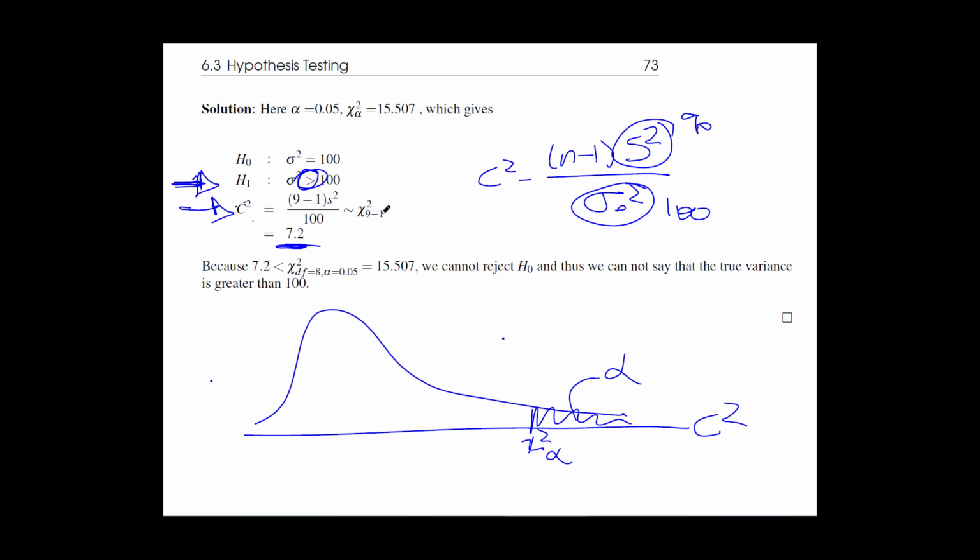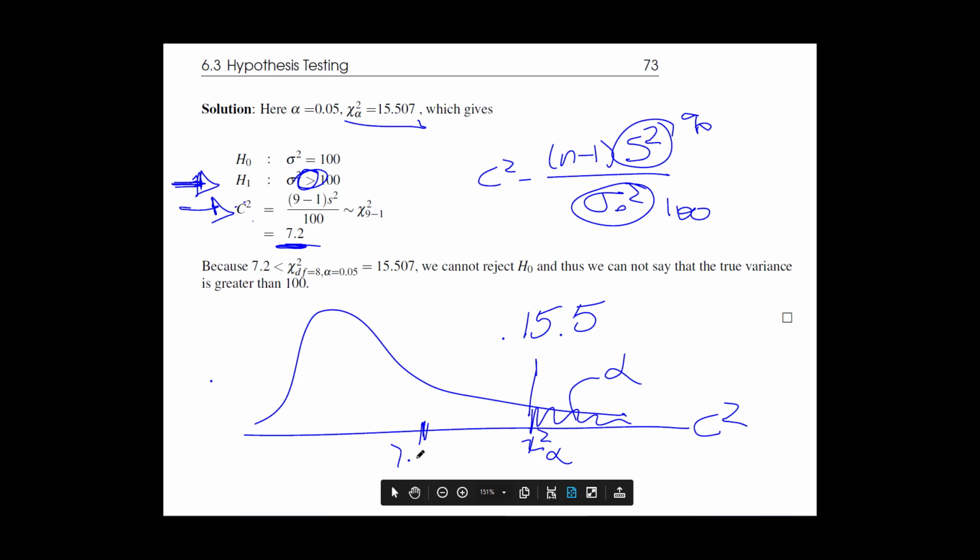This value turns out to be 15.5 from the table. The value of chi squared we got is 7.2, so we're in the acceptance region. Therefore we cannot reject the hypothesis. So same idea, just different values to look up these critical values.